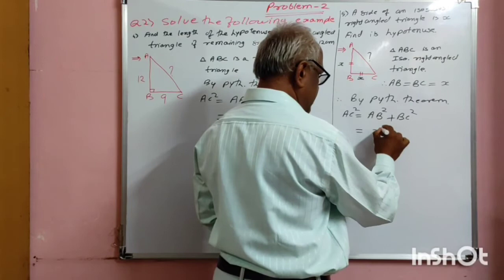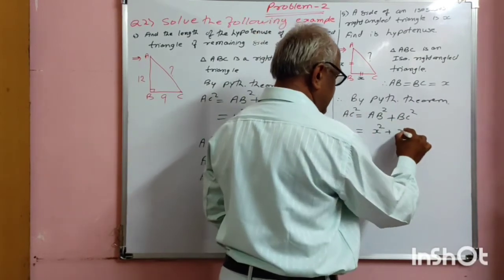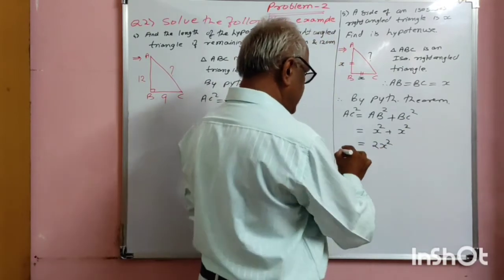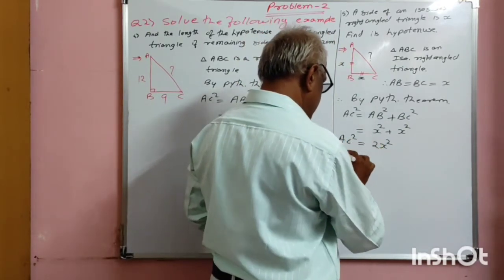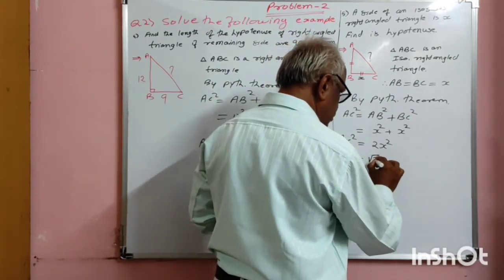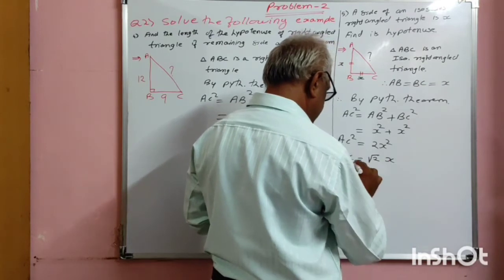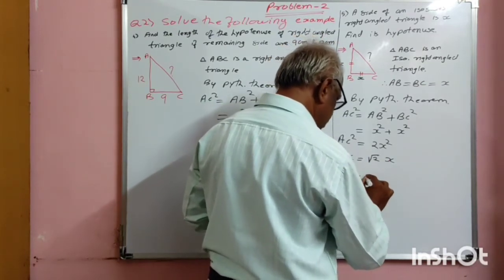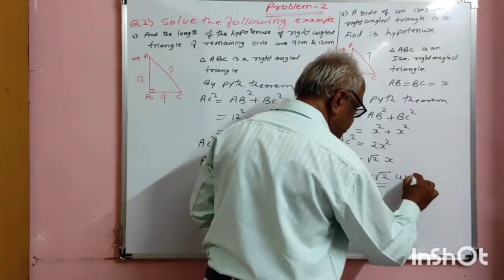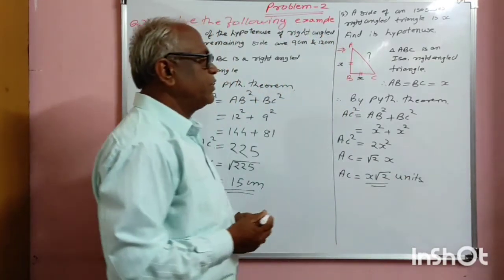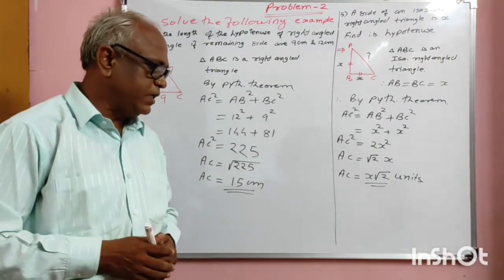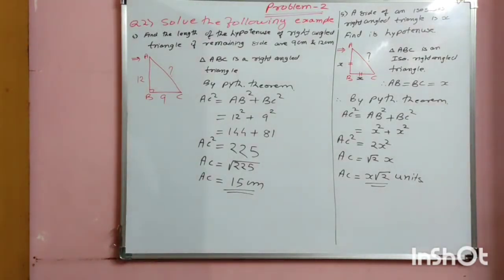AB is X, that is X square, plus BC is also X square, which is equal to 2X square. This is AC square. So taking square root on both the sides, AC is equal to under root 2X square. Therefore AC is equal to X under root 2 unit. Now you can remove the screenshot and write it in your notebook. Now further example we will see immediately.